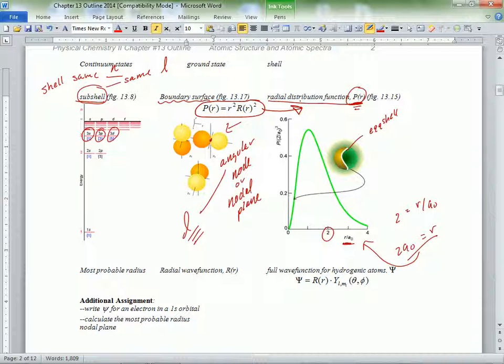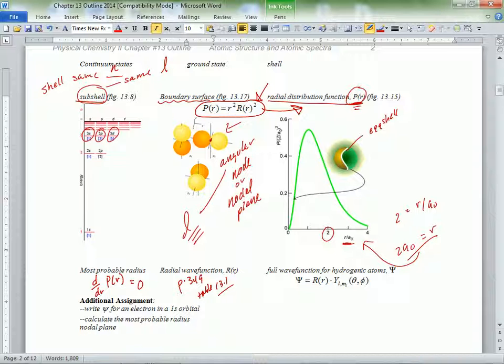But if they ask for the most probable radius, just take the derivative of this function, P of r, and set it equal to 0. That radial wave function, you just got to look it up. It's on page 349, Table 13.1.